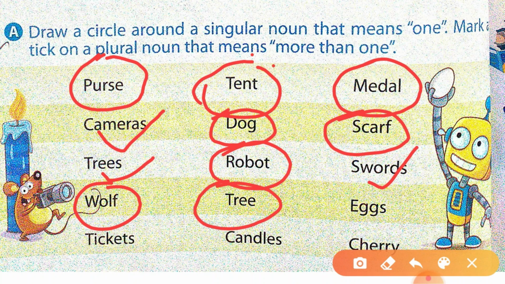Tree. It is singular noun. Eggs. It's a plural noun. Tickets. It is also plural. Then candles. And cherry. Cherry is a singular noun. Do you understand? Yes.